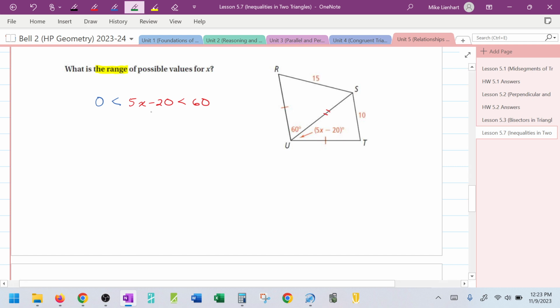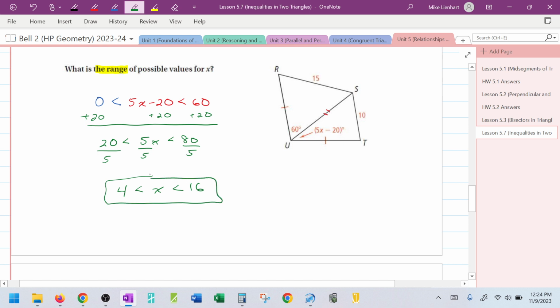If I solve this inside out, I add 20 to all three parts. That tells me 20 is less than 5x, which is less than 80. Then I divide by 5 to get x by itself, and that tells me 4 is less than x, which is less than 16. So what are the possible values of x? Somewhere between 4 and 16, non-inclusive, meaning not including 4 or 16.